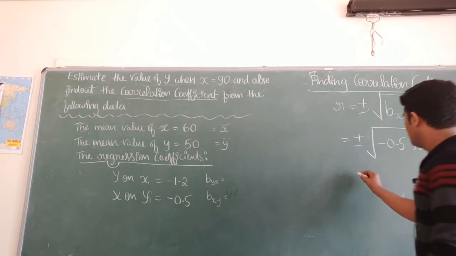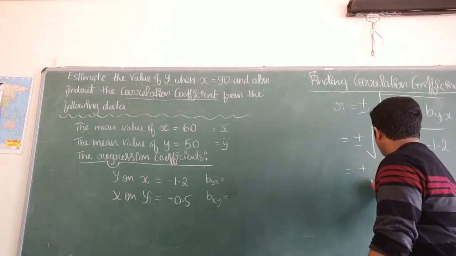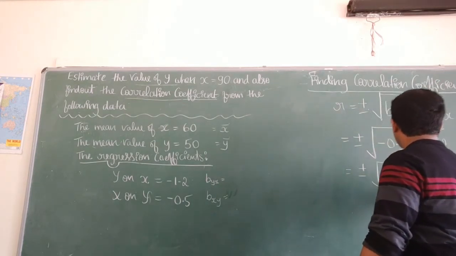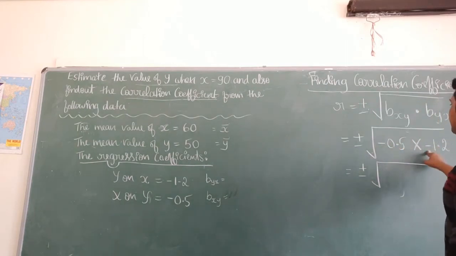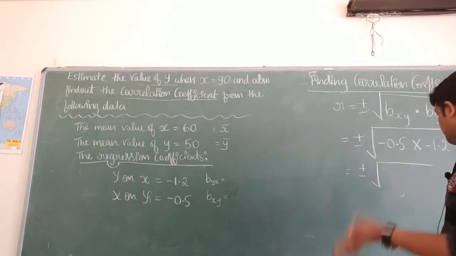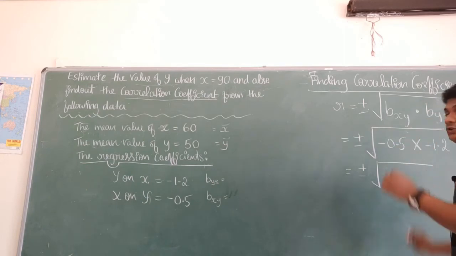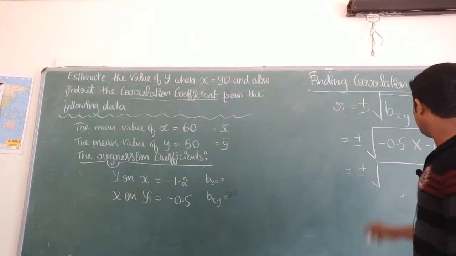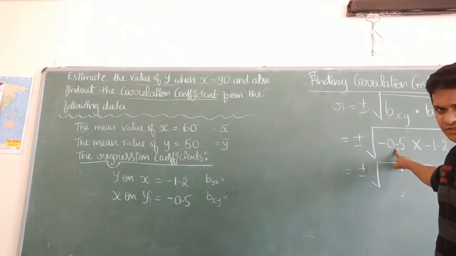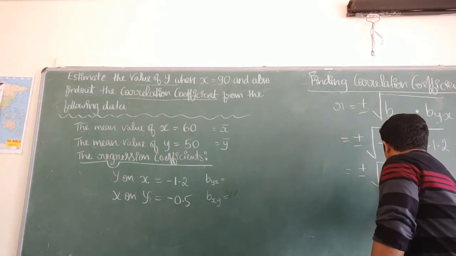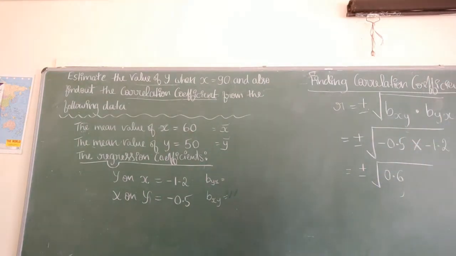Which is equal to plus or minus root of, minus into minus becomes plus, 0.5 into 1.2. If you do that, it is like half of 1.2, which is equal to 0.6. Now we need to find the root of 0.6.